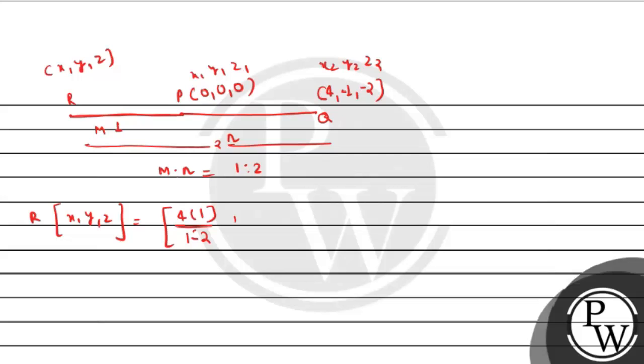Next coordinate is 1 into -1, because the next coordinate of P is also 0, so that will be 0, whole upon 1 minus 2. Again the last coordinate is 1 into -2, whole upon 1 minus 2. So our answer will be -4 upon -1, comma, 1 upon -1, comma, -2 upon -1.